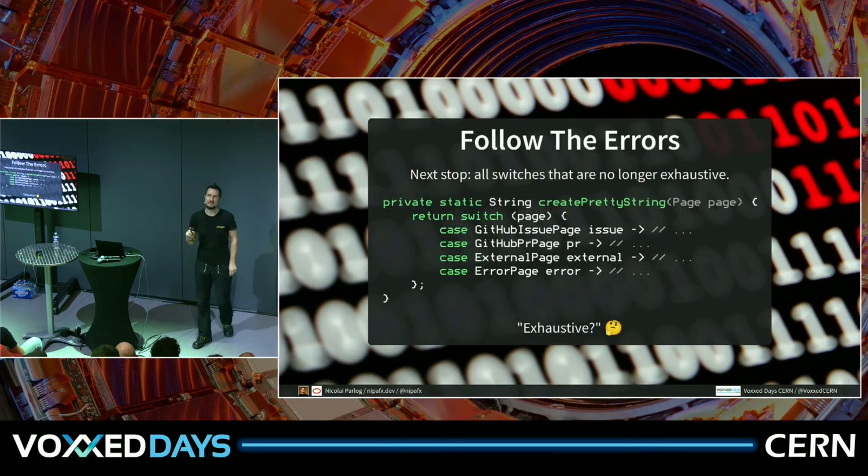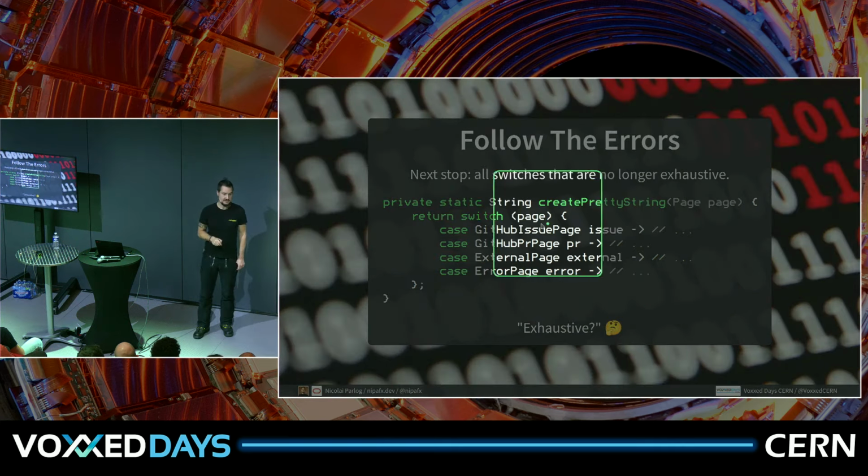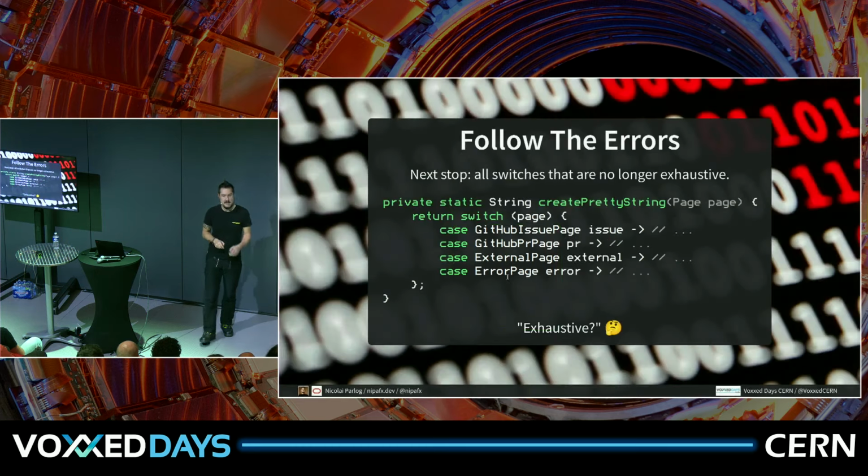I used that word earlier, but I didn't really explain what that means. If you write a switch that is an expression, meaning it has a return before it, or a variable assignment or something else, or if it's a switch that goes over a complex type like this, then it needs to be exhaustive. It needs to cover all possible subtypes. And because page is sealed, the compiler knows, remember the diagram that we had earlier, that these 4 types actually do cover all possible subtypes.